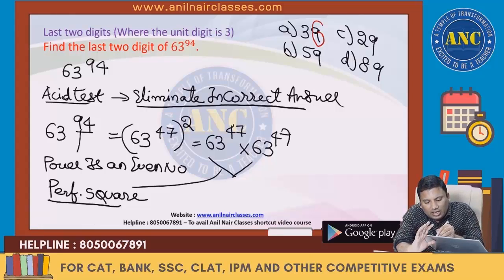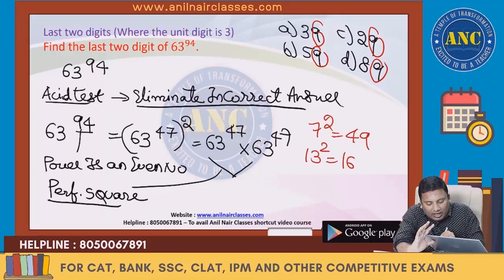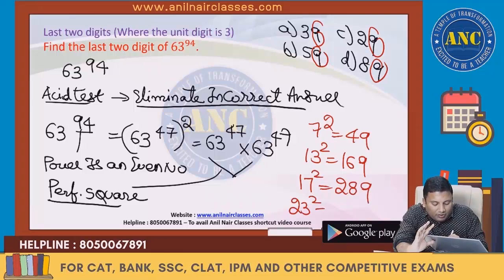All the options are ending with 9. What is the nature of a perfect square ending with 9? 7 square is 49. 13 square is 169. 17 square is 289. 23 square is 529.